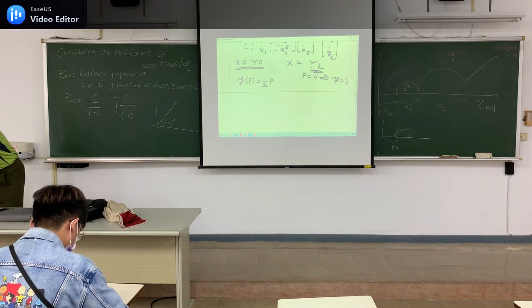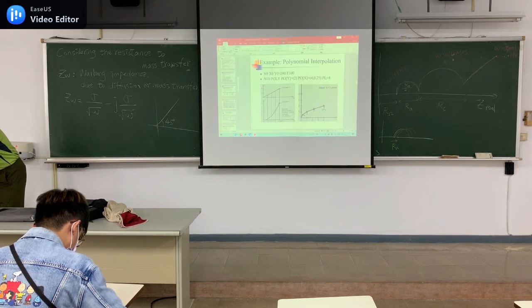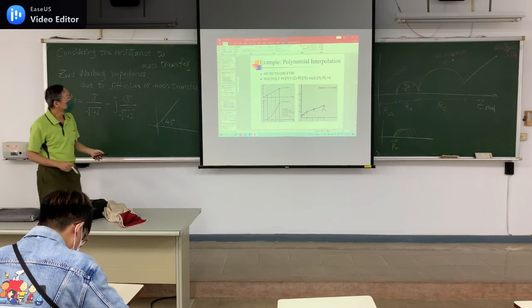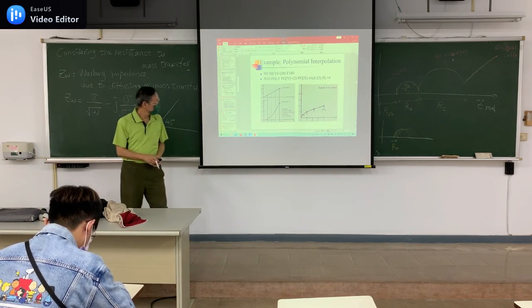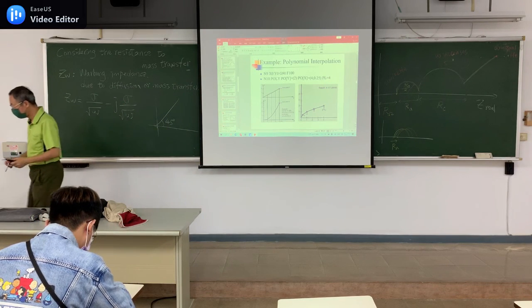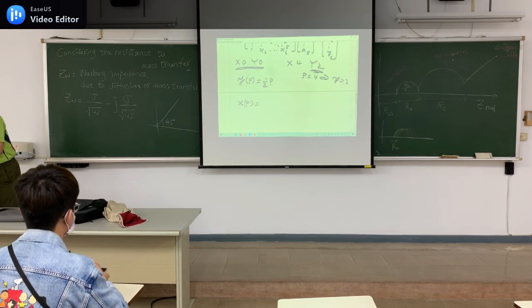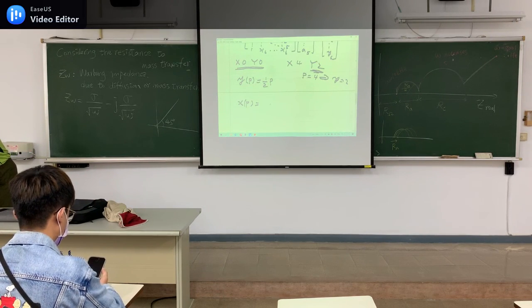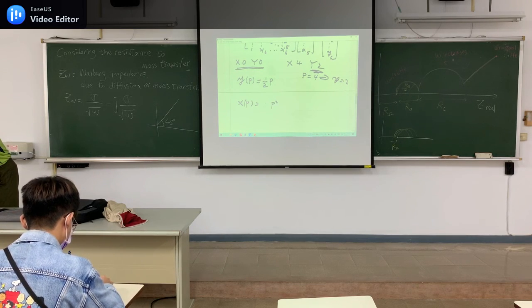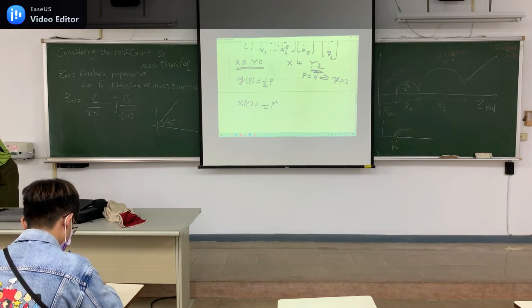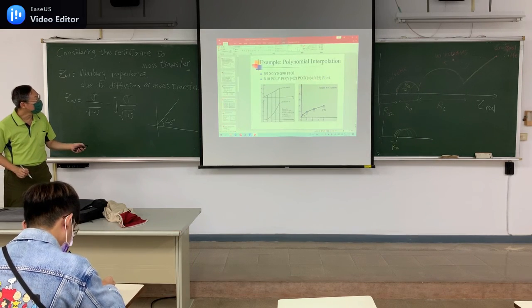And for S, the ending point is 4 when P is 4. So it is like P squared times 0.25.